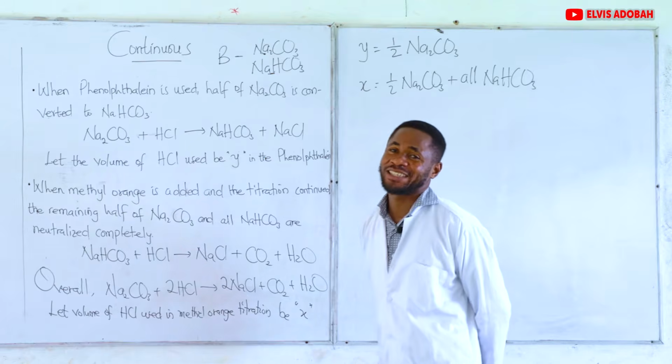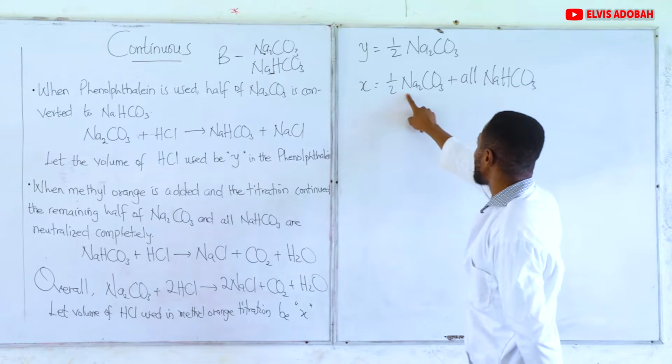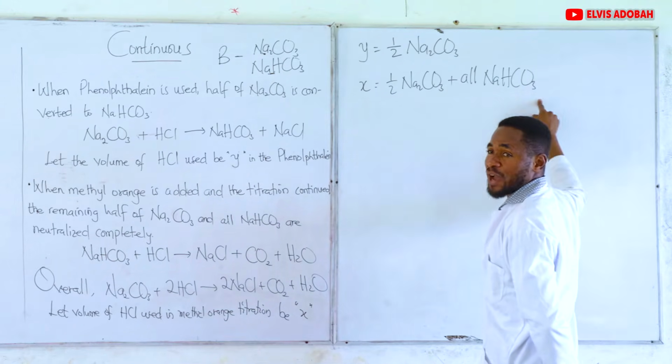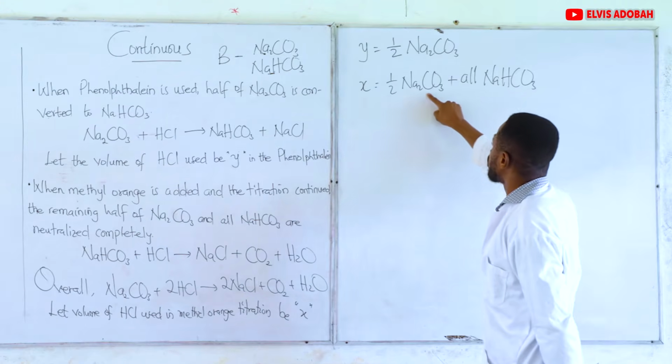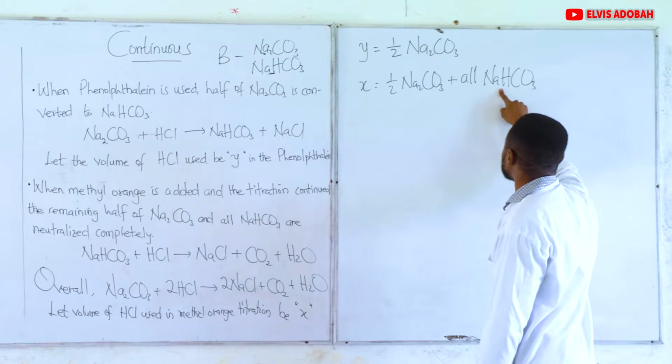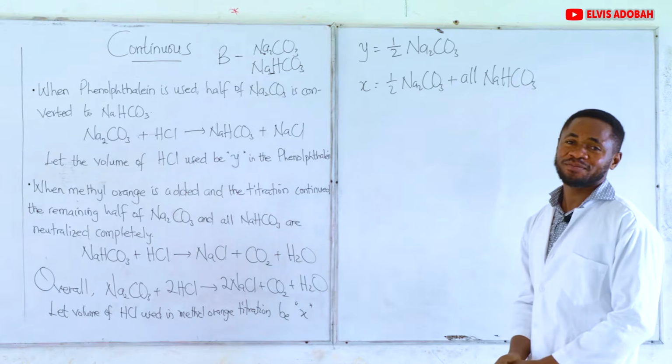So we have that presented nicely over here. X is equal to half sodium carbonate plus all sodium bicarbonate.